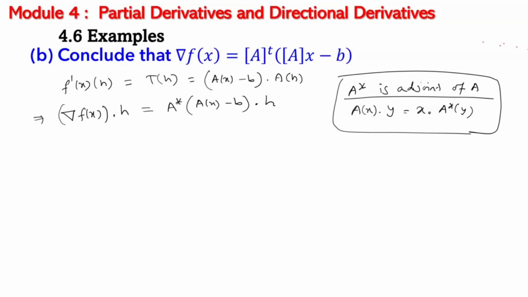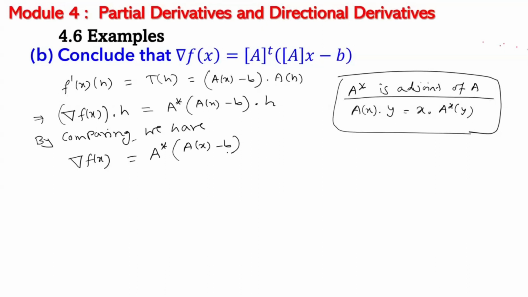Using these properties, we can write it in this form. Therefore, by comparing, gradient of f of x is equal to A star times Ax minus b.